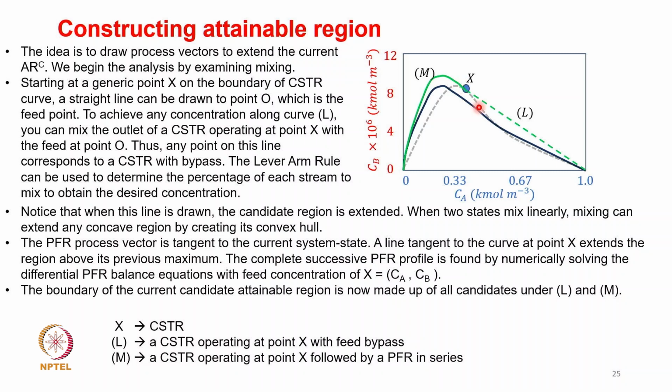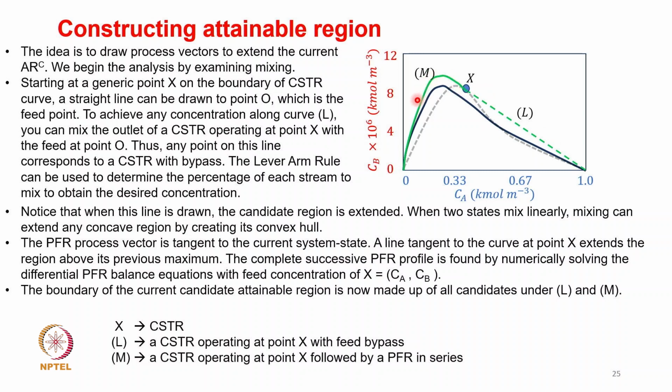And how do we eventually reconcile the design now? At X it's a CSTR, and at L, if you want to operate over here, of course you would have your own requirements. So if you want to operate over here, it is a CSTR operated at a point X with a feed bypass, because it is just a mixing.